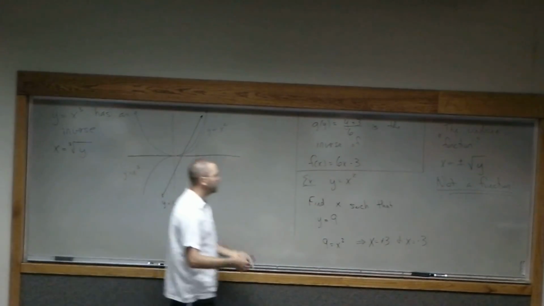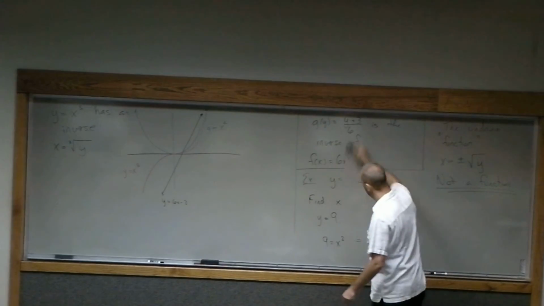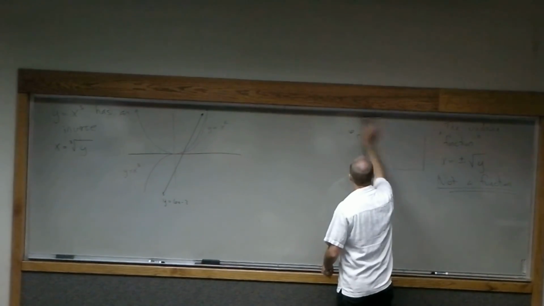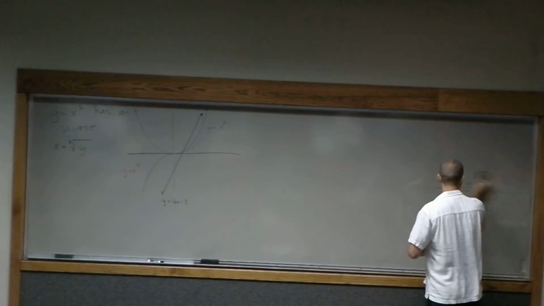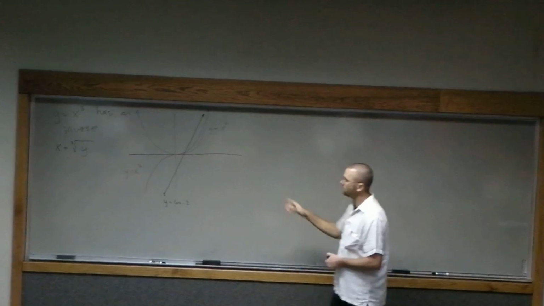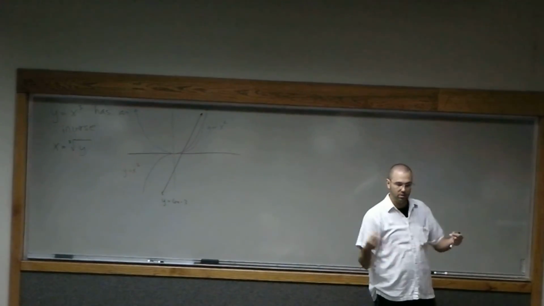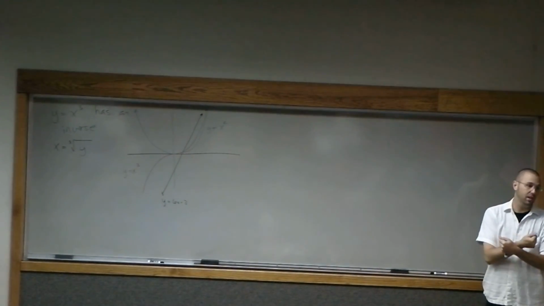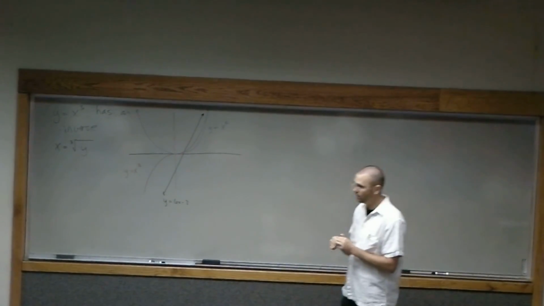Now, what properties, when you look at these things, do you notice? That's a valid answer. Even functions do not have inverses. There's a more subtle reason than the fact that they're even that comes into play there, though. Draw a line that goes through the function twice.